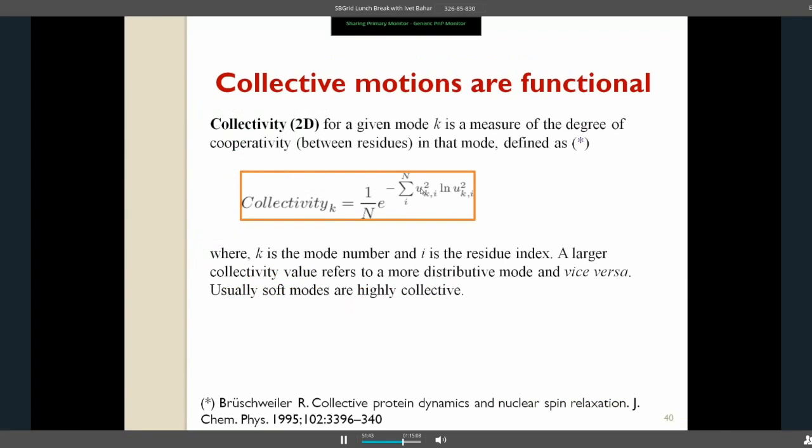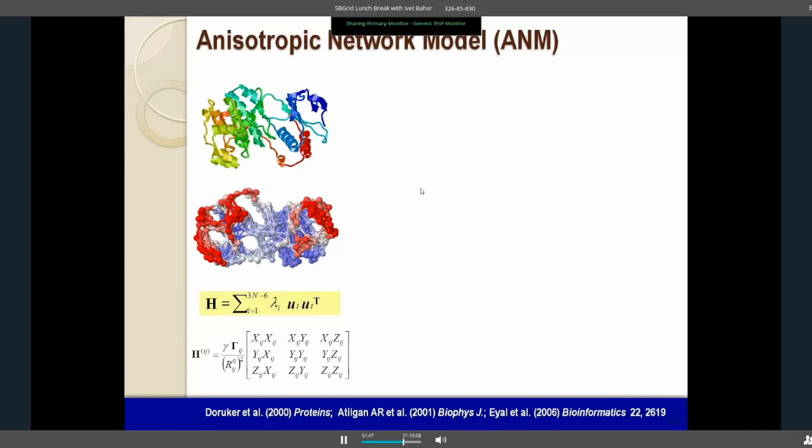In the case of the anisotropic network model, ANM, this is like the three-dimensional extension of the GNM. So again, we have the structure, we convert it into a network model, and then we construct, instead of the Kirchhoff matrix, the Hessian matrix, which is found from the second derivative of the potential.